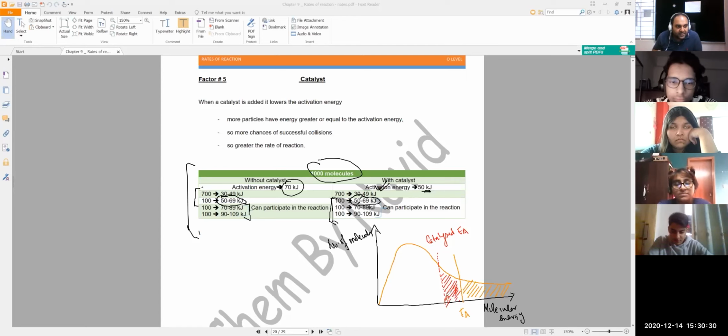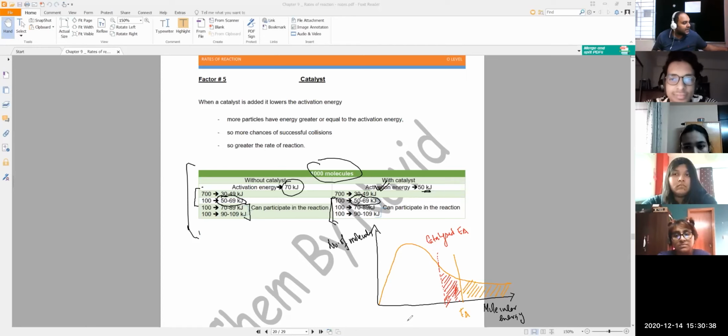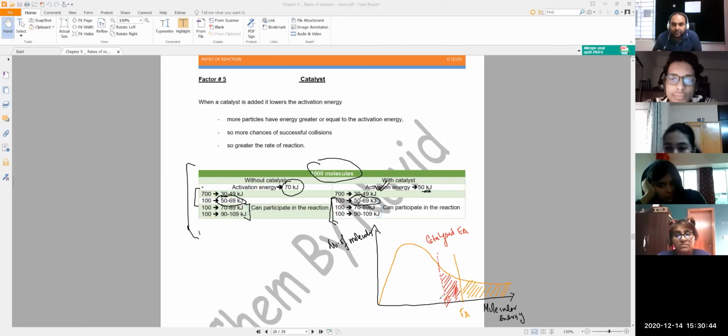So what happens? Your total number of molecules participating in the reaction increases. So since your total number of molecules participating in the reaction increases, more chances of successful collision, greater the rate of reaction.